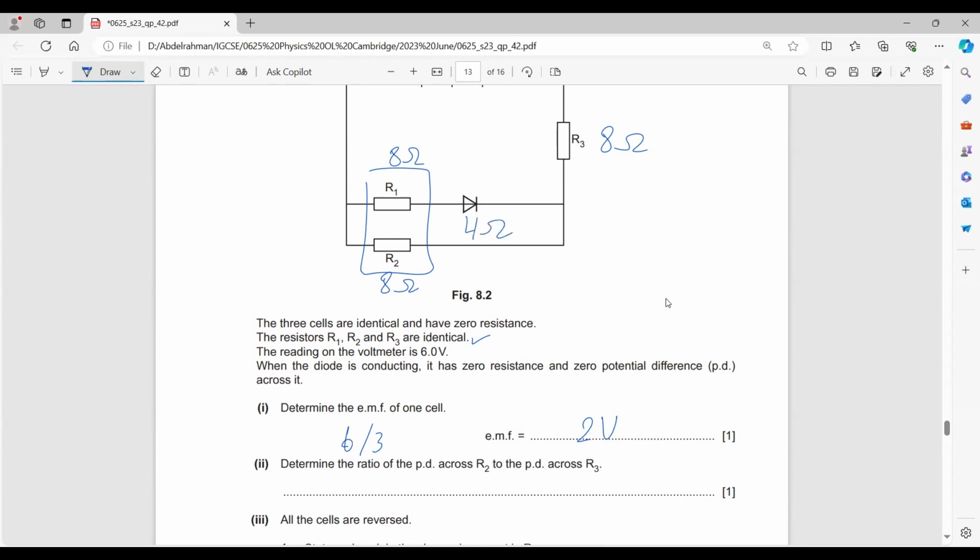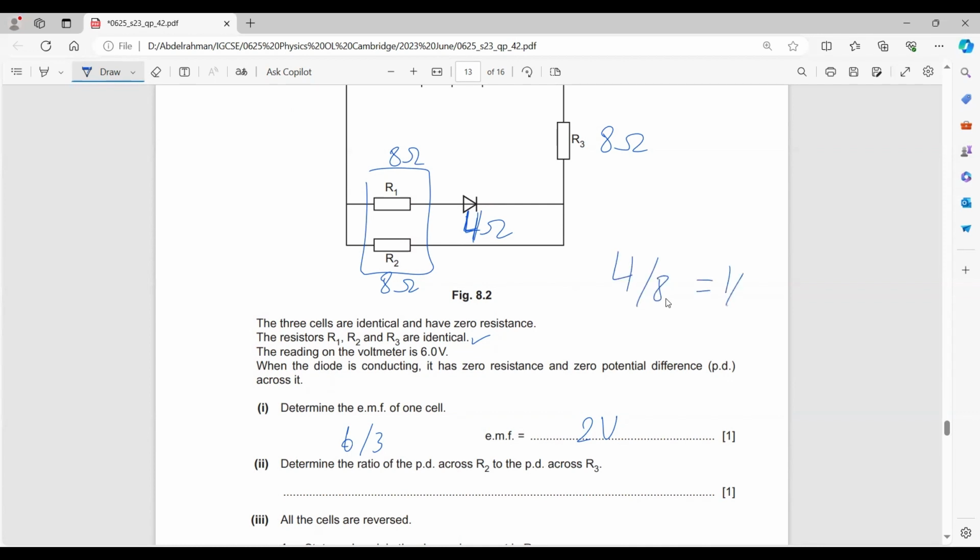Both receive voltage, but R3 will take a much higher voltage because it has a higher resistance. The ratio would be 4 to 8.